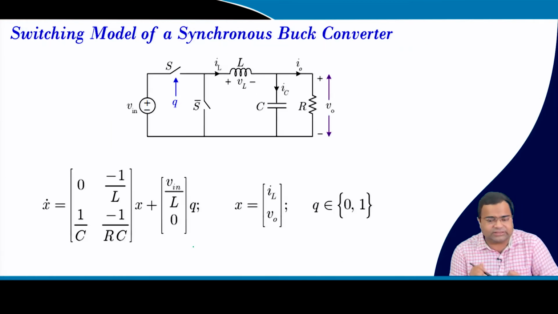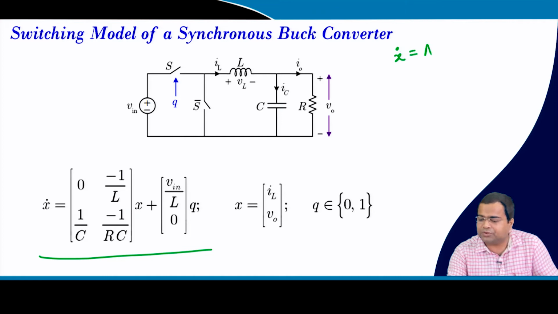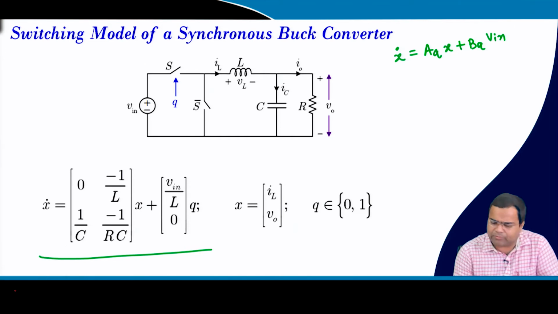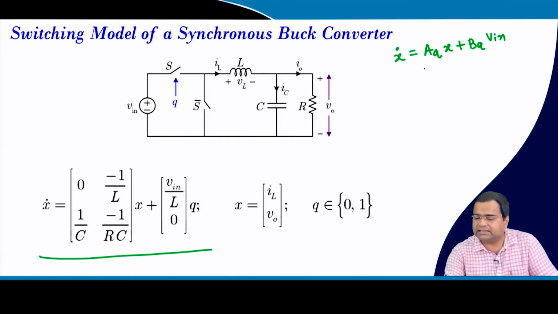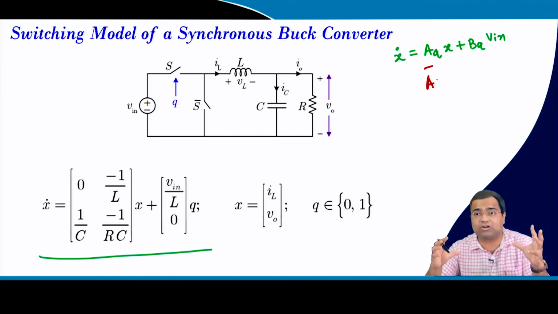Now in the switching system, this DC-DC converter, we have discussed that we can obtain the state space switching model, and in general it is written as x dot equal to A_q x plus B_q V_in, where A_q is a function of the switching state. But in the case of the ideal buck converter, A_q will be A, independent of q, as long as it is in continuous conduction mode.